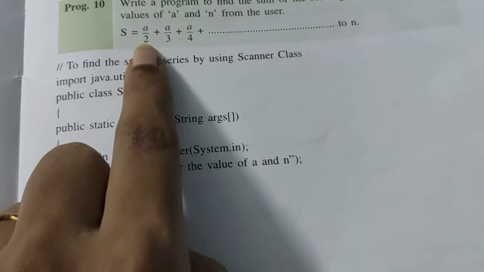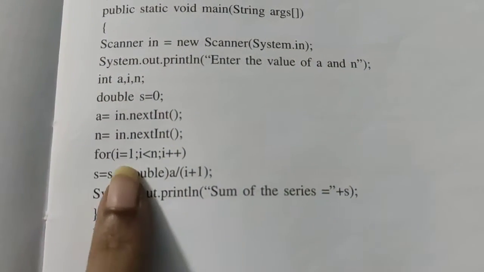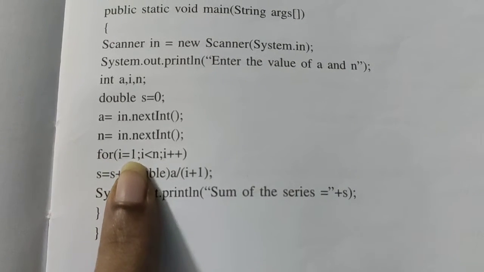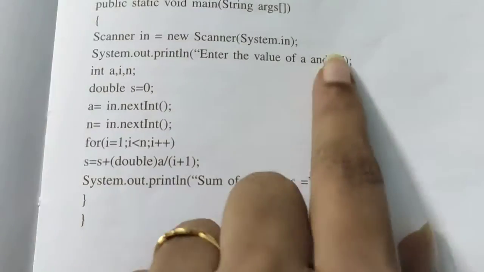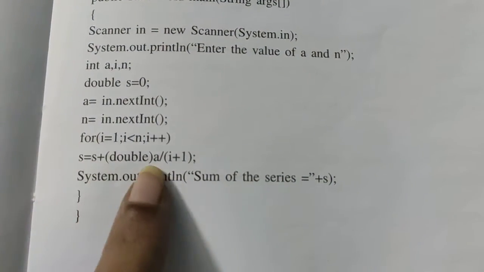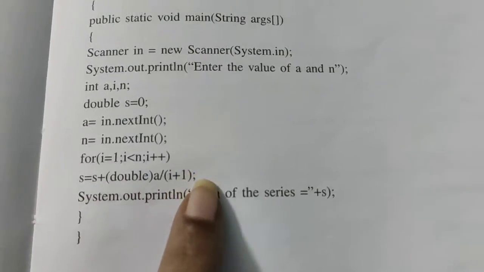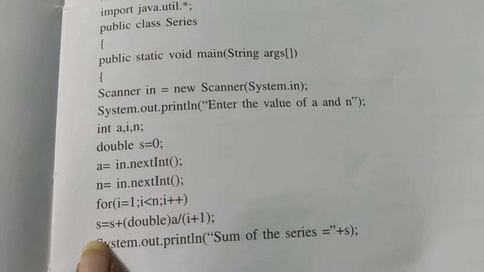See here, in the first term itself they are starting with 2, 3, 4, like that. Here we have initialized i with 1. That is the reason they have given i plus 1, and a is the value we are getting as input. So the a value will not change, a is going to be the same, and by i plus 1 it is going to change like this, and we are going to add that to the sum.